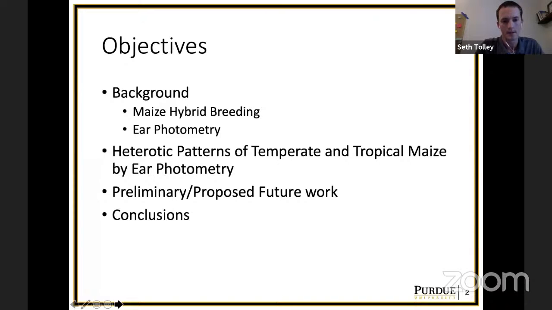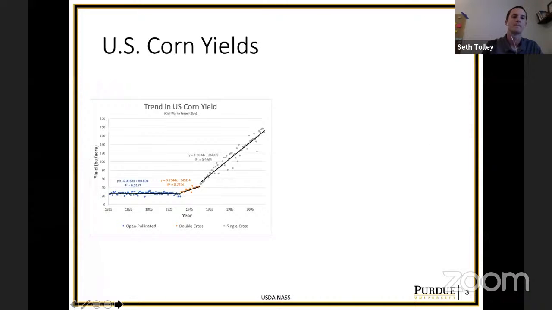And then we're going to dig into some of my research chapters, spending the most time on the first chapter, which looks at the heterotic patterns of temperate and tropical maize using ear photometry. And then I have 3 other chapters that use preliminary data and concepts that we're proposing to use for future work. And we'll just finish up with some conclusions.